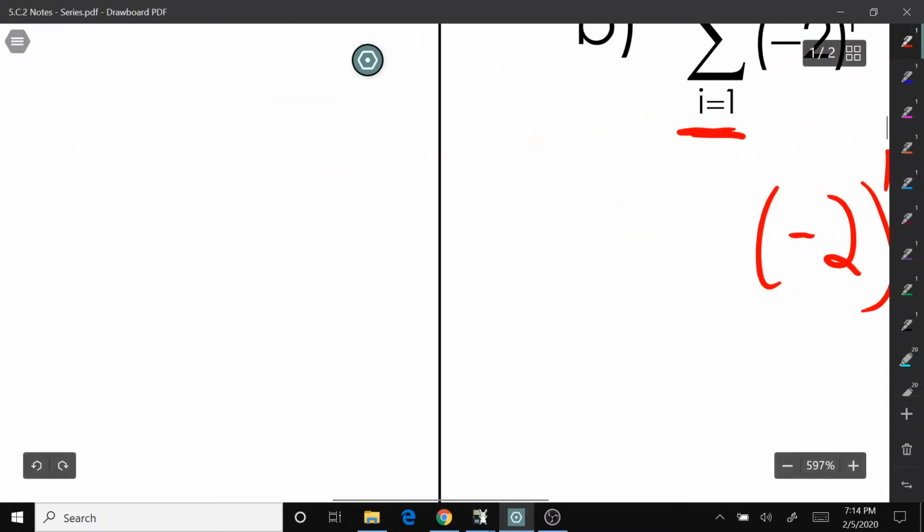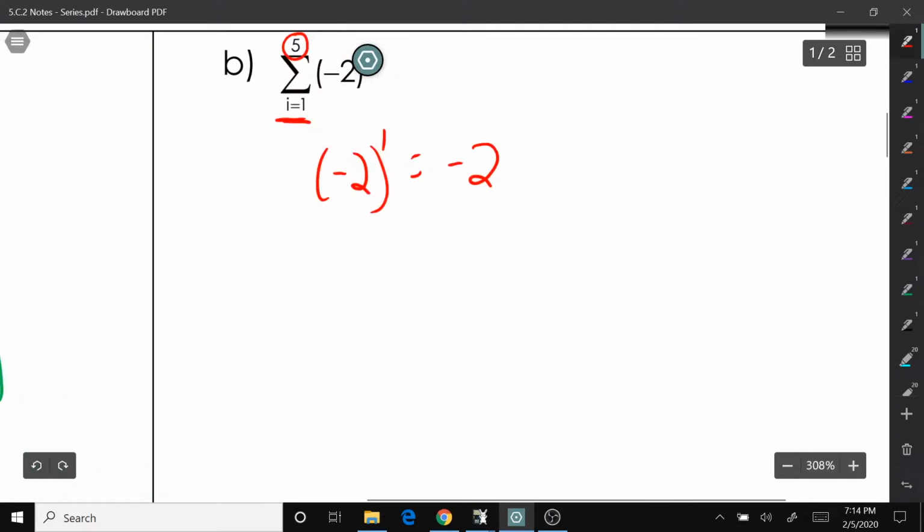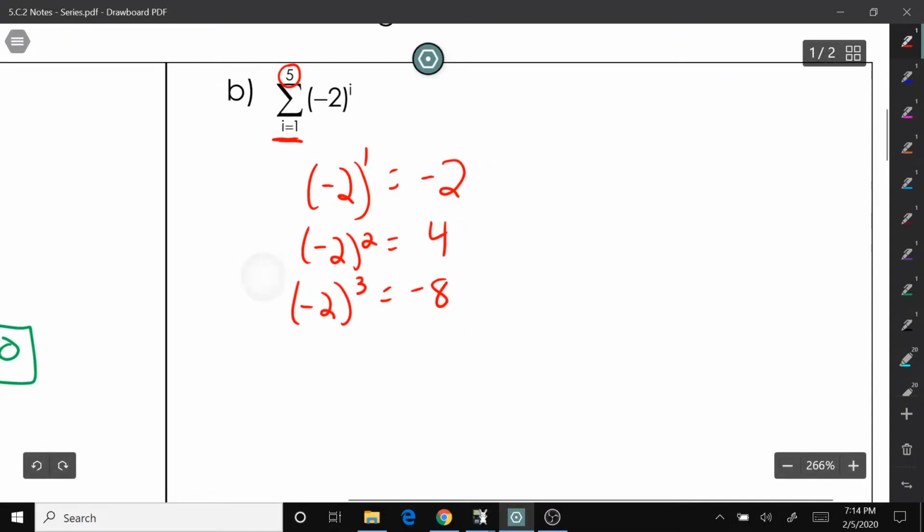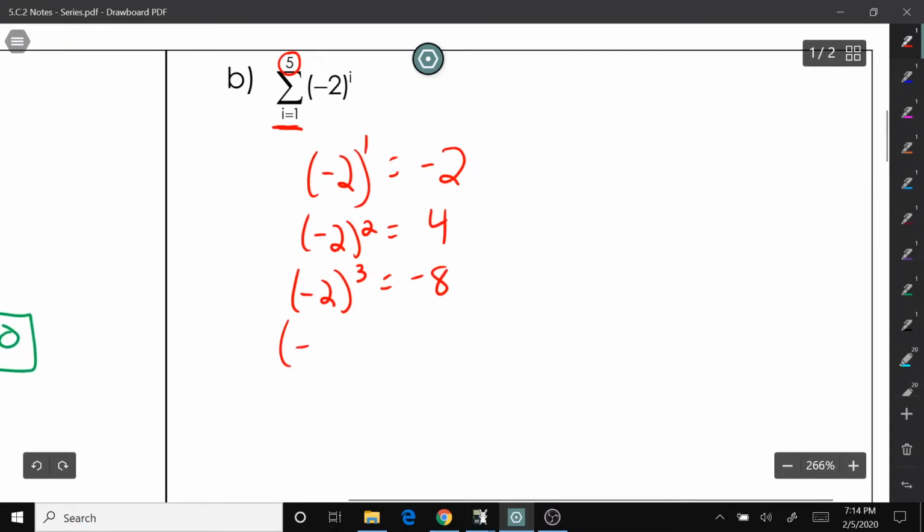Whoops. Let's zoom back out a bit. Negative 2 to the second power is positive 4. Negative 2 to the third power is negative 8. And I'm just getting these from typing them into the calculator. Negative 2 to the fourth power, that is positive 16.